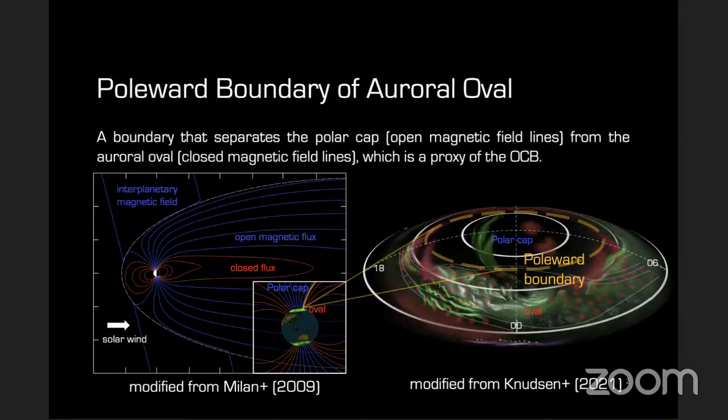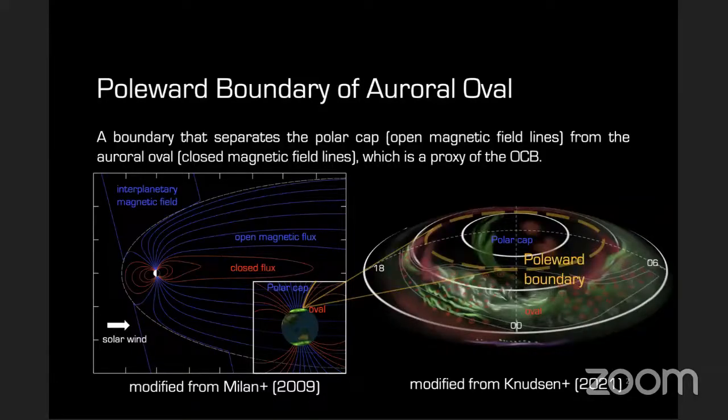As a conventional picture, during periods of southward IMF, there is magnetic reconnection that opens the previously closed magnetic field lines at the dayside magnetopause to form open field lines. Then the open field lines are dragged anti-sunward by the solar wind and populated in the high latitude lobe region of the magnetotail.